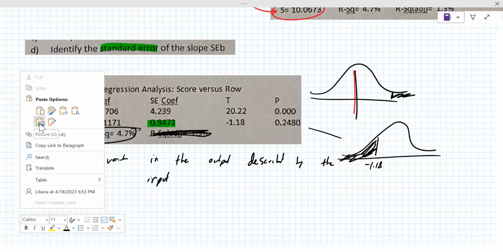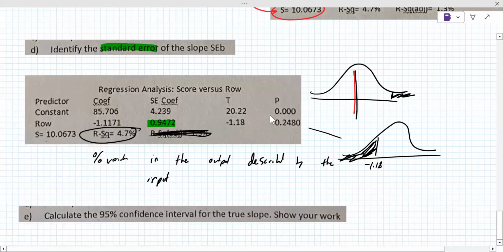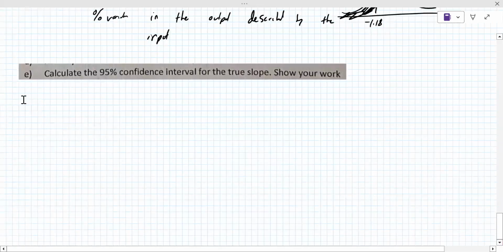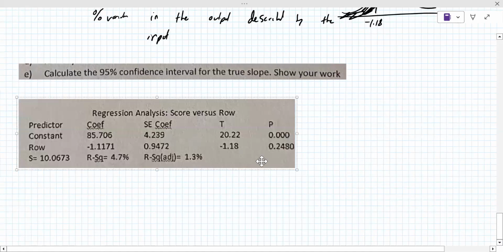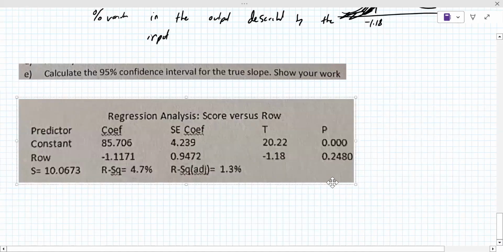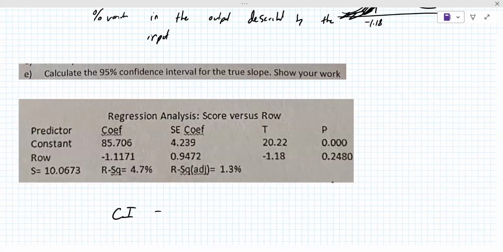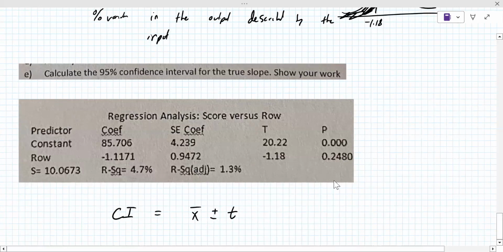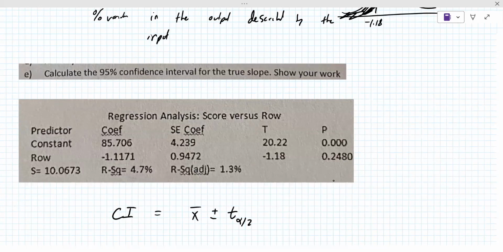There are other things they could ask you here. Calculate the 95% confidence interval for the true slope. This is actually done in software most of the time, but the confidence interval is X bar plus or minus T alpha over 2 times S over square root of N. The X bar is the slope.